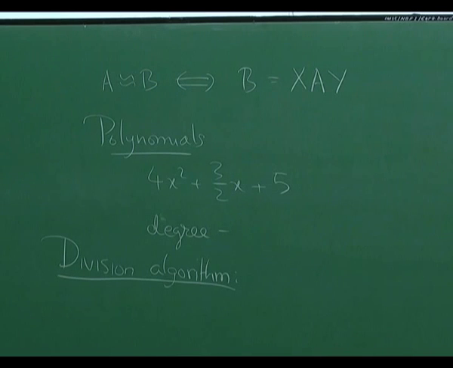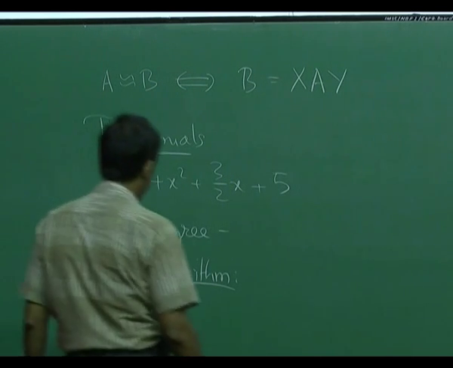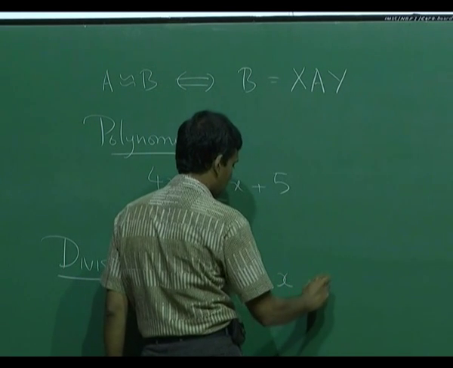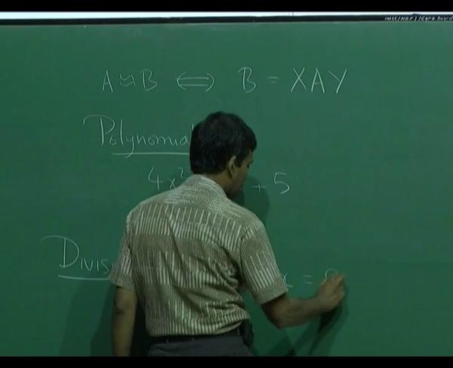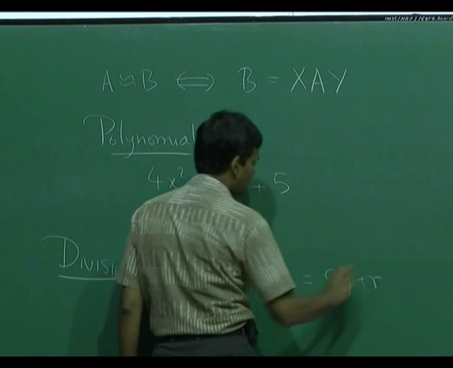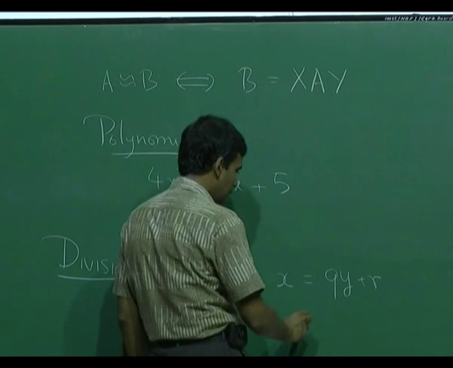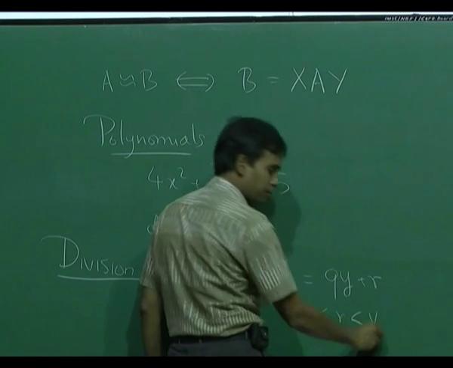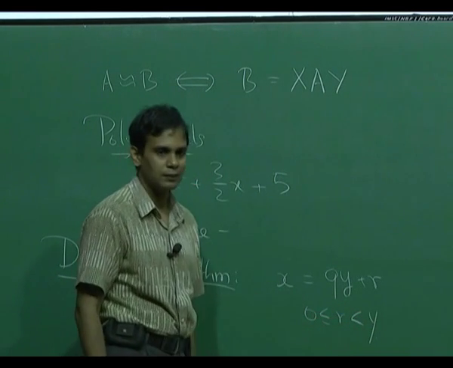So, you can write, if you have two numbers, say x and y, then you can write x as qy plus r, where this r is between 0 and y, but strictly less than y.